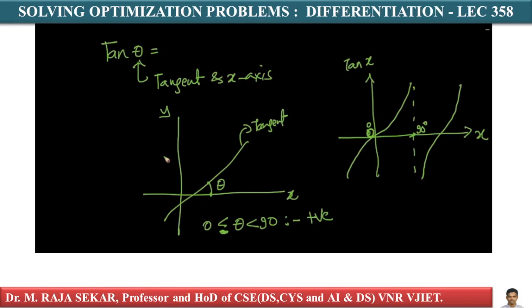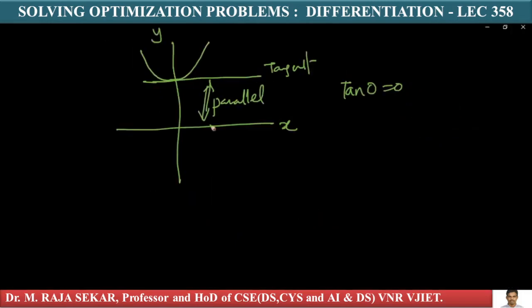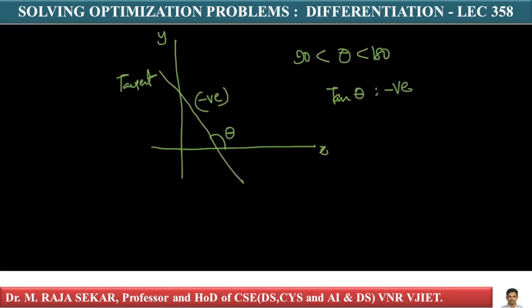Now the next interesting case: you have the x-axis here and the y-axis here, and what if your tangent is like this? What is the angle between this tangent and the x-axis? This is your tangent.